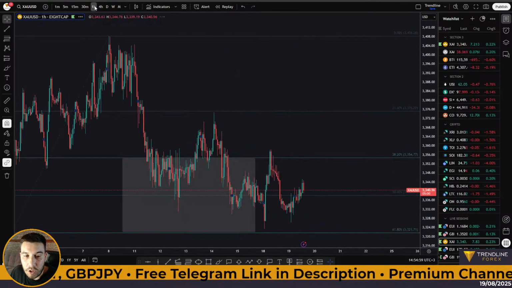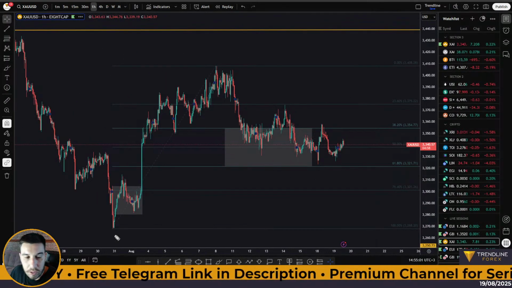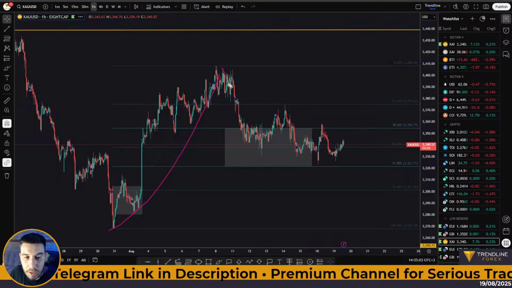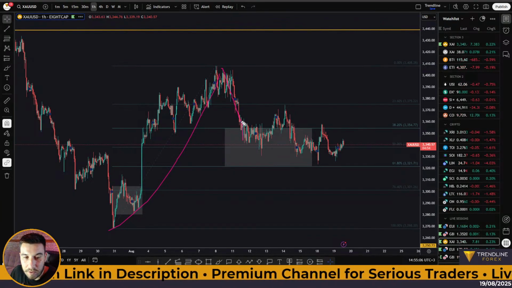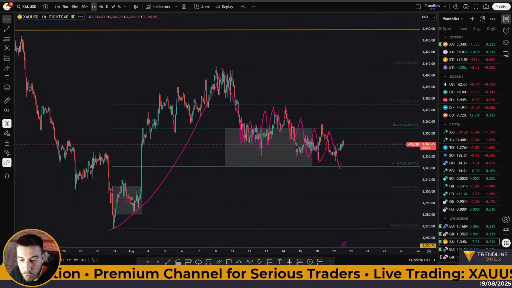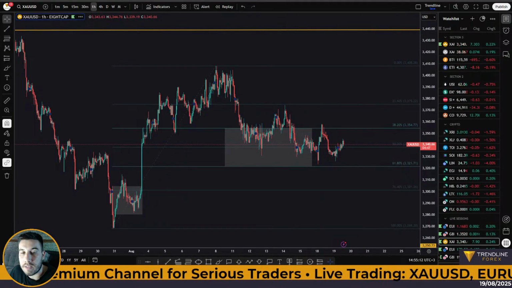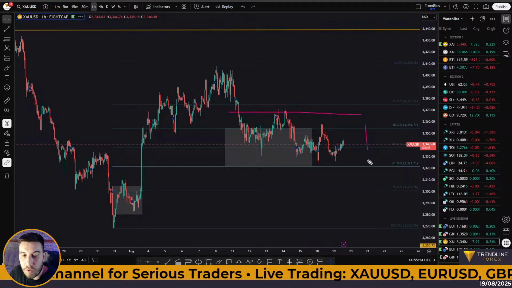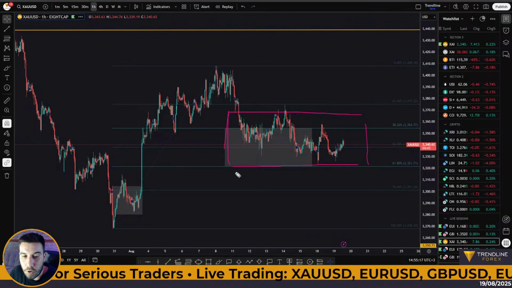Now if you go to the 1 hour time frame, we've got a strong bullish momentum, price starting to push down strong, but then very quickly kind of seems off, and what we see right now is basically slow price action.